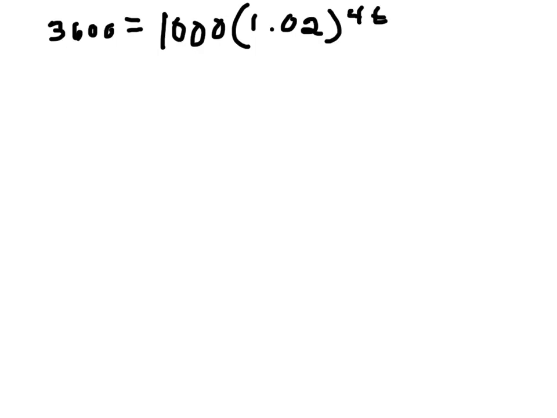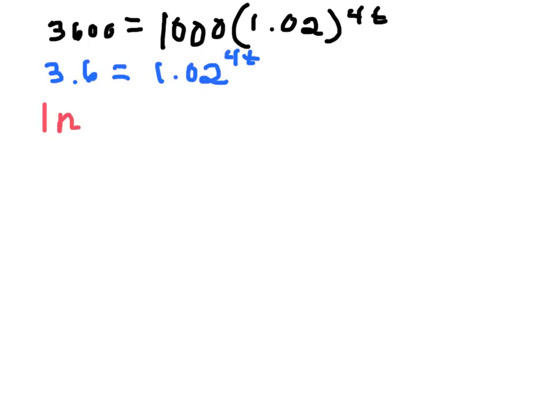Okay, now let's divide both sides by 1,000. Okay, so then you'll have 3.6 equals 1.02 raised to the 4t power. Well, now you're probably sort of stuck. So we can take the natural log of both sides. That will certainly help out.